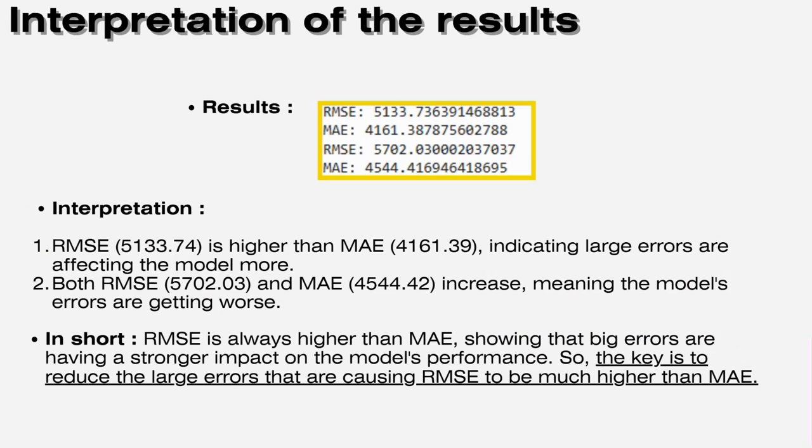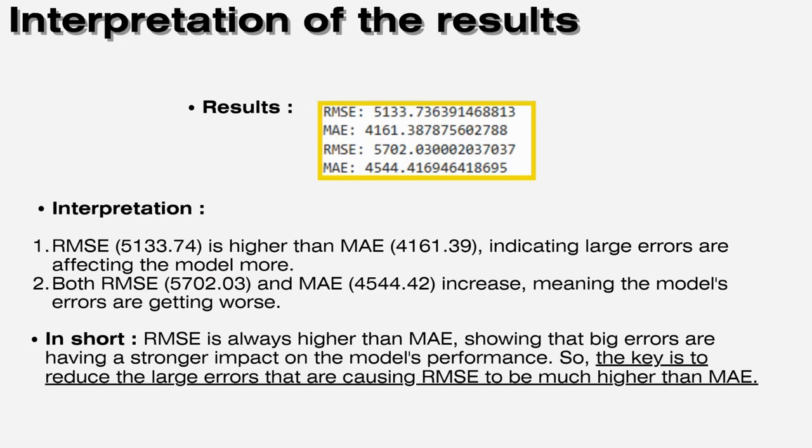So here this is the interpretation of the results. In this exercise, we evaluated regression models using the MAE and RMSE, as I said. From these results, we observe that the first RMSE is higher than MAE, indicating large errors are affecting the model more.